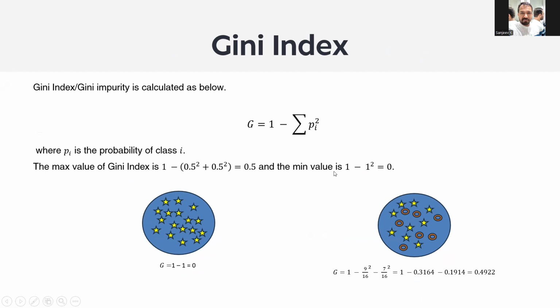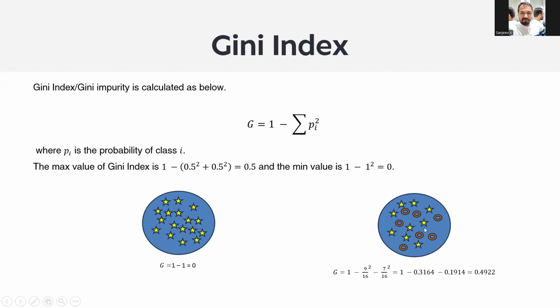On the other hand, if there is only one class in the feature, then the probability of getting that class is 1, and hence the value will be 0. This is how it measures the impurity.